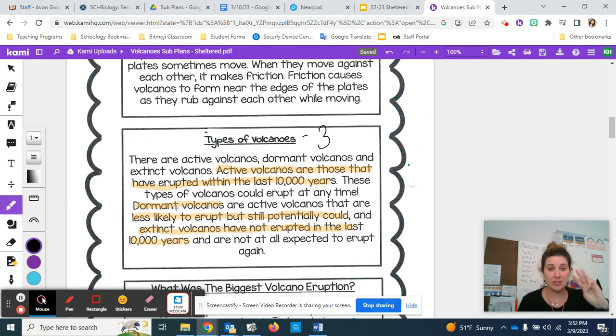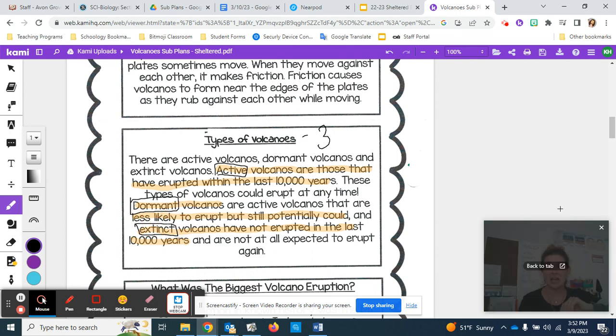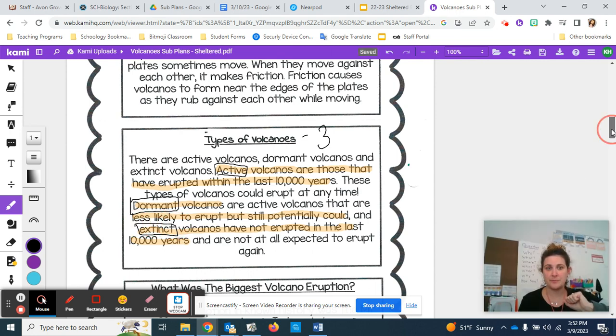So hay 3 tipos de volcanes. Volcanes que son activos, volcanoes that are active, volcanoes that are dormant, and volcanoes that are extinct. 3 types of volcanoes.